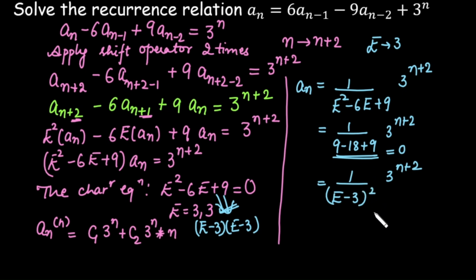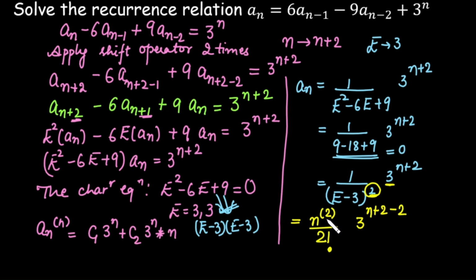After writing in factor form, we need to call the factorial polynomial and factorial. For that, we need to observe the power. Here, this 3 is occurring 2 times. It means we need a factorial polynomial of order 2 divided by 2 factorial. And here we are giving something, we need to take it back. That is, in the power, we will reduce 2.